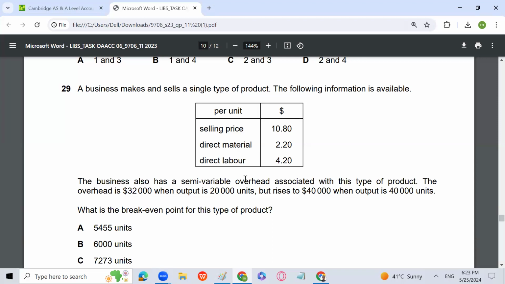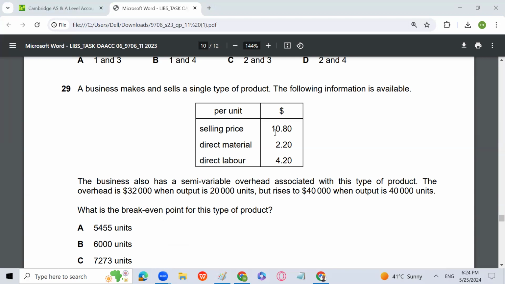We have already discussed that the high and low point method we will use. How? Change in cost divided by change in units, because we need to find fixed cost. Why? Because we need to find break-even point. And the formula to find break-even point is fixed cost divided by contribution per unit.